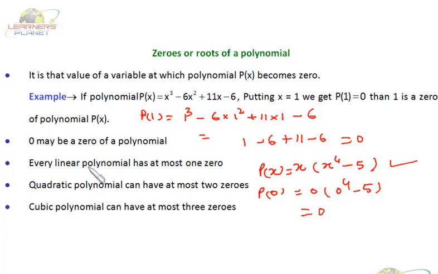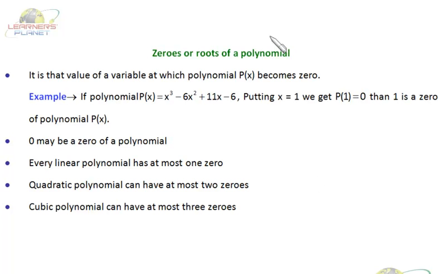Now every linear polynomial has at most one zero. Every polynomial has zeros, and if it is a linear polynomial, it will have one zero. Let's take one example.